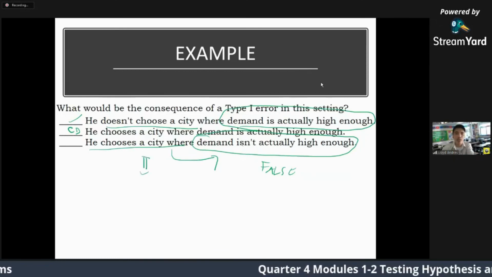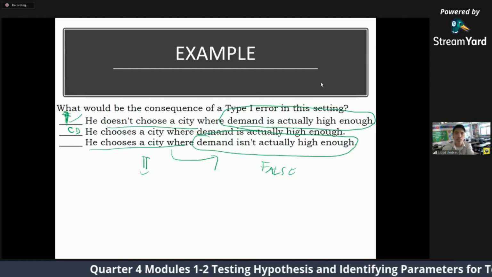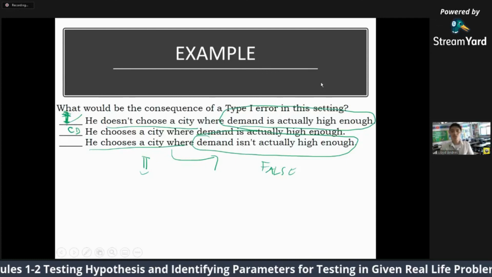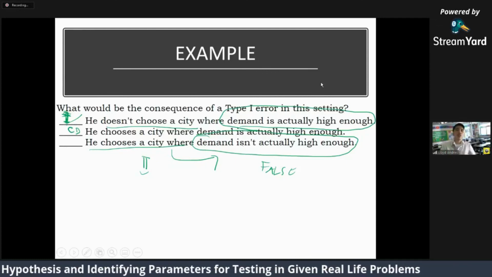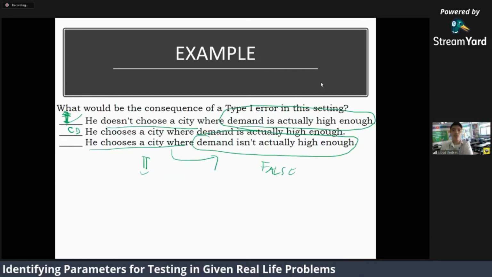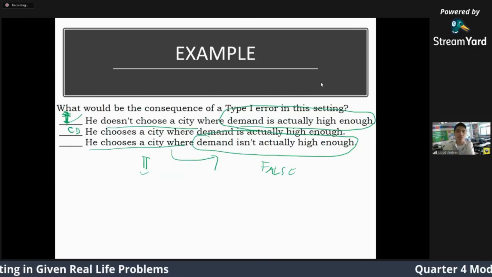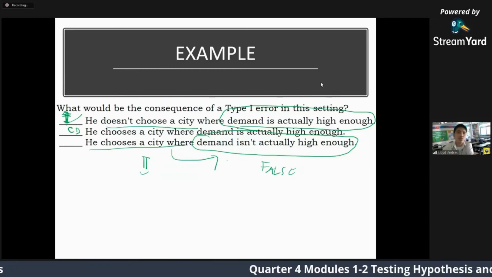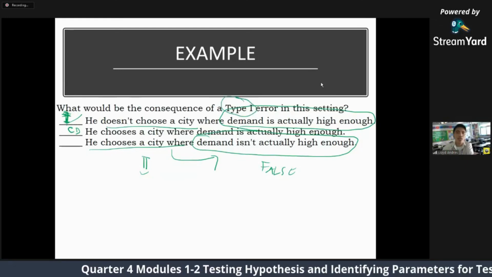This one is the type 1 error: he did not choose the city where the demand is actually high. That's the type 1 error. The type 2 error is he chose the city where the demand is not actually high. But the question is about the type 1 error, so the answer is this one.